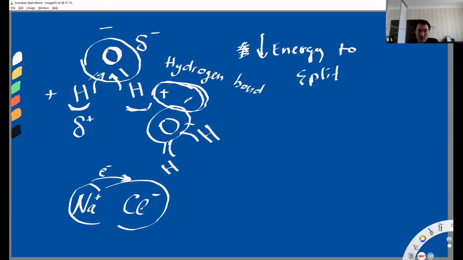And in this case, whenever we dissolve sodium chloride in the water, a lot of water molecules come to this place, with the negatively charged region, I mean to this sodium. And a lot of positively charged regions come to the chlorine.